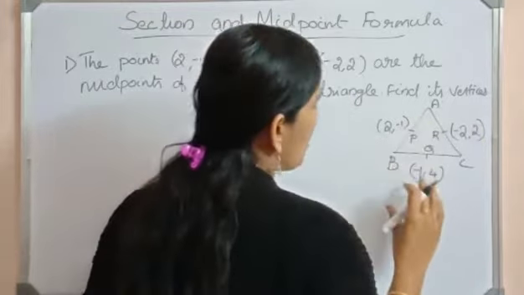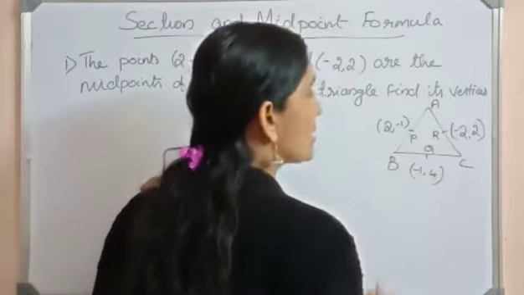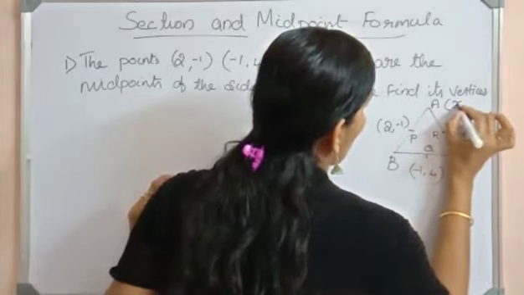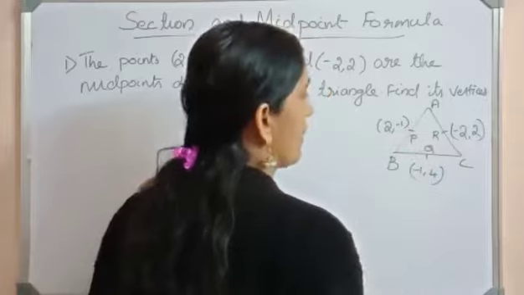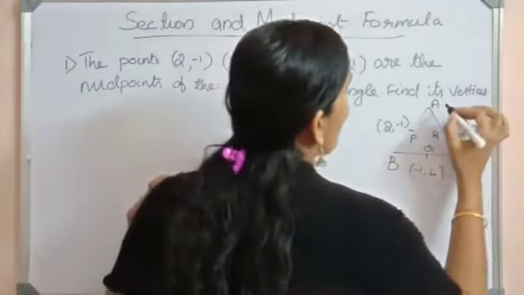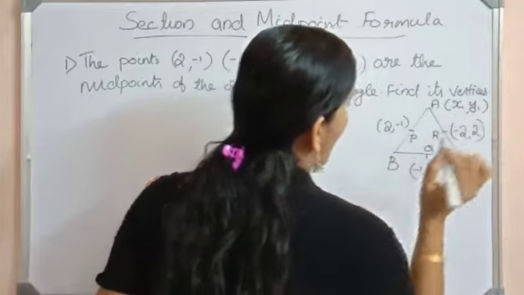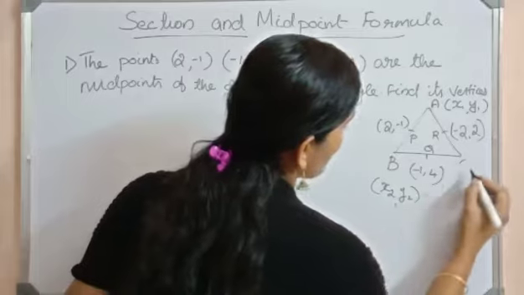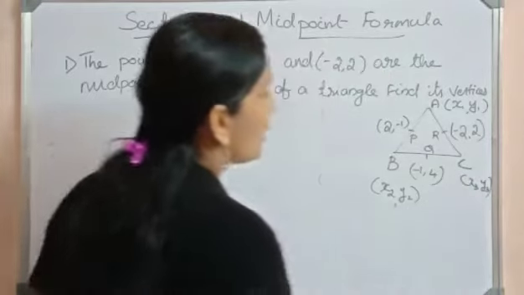Now we have to use the midpoint formula and find the vertices A, B as well as C. So consider the coordinates of A as (x1, y1), B as (x2, y2) and C as (x3, y3).